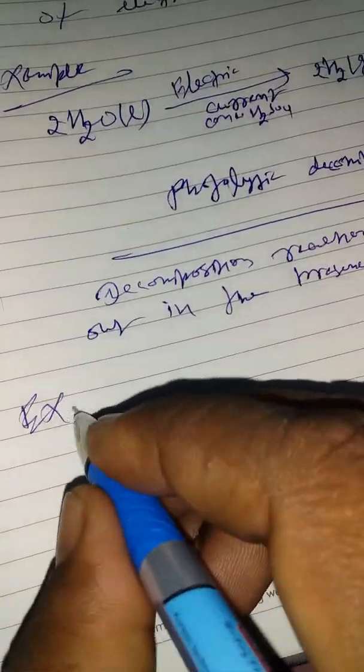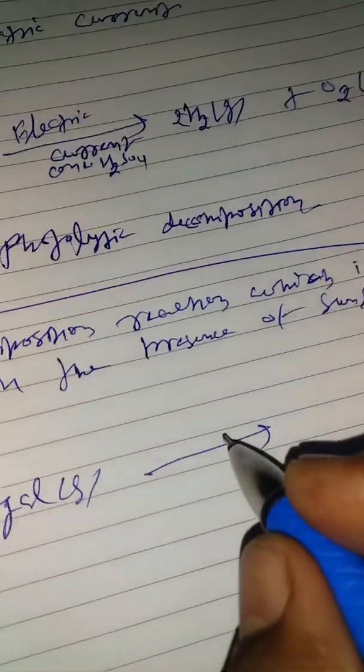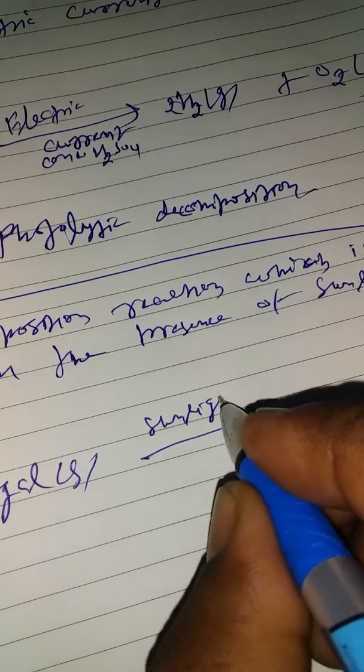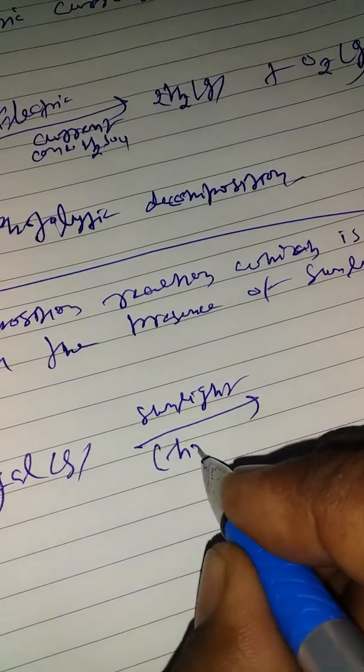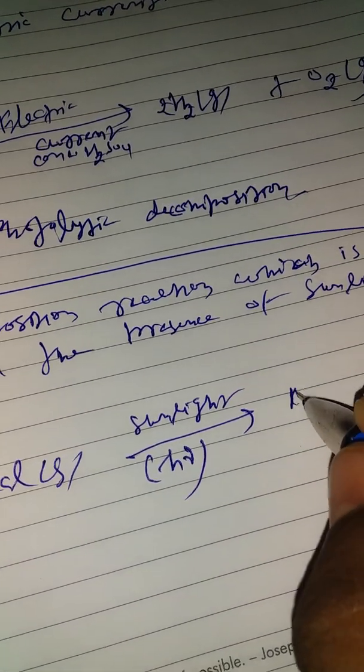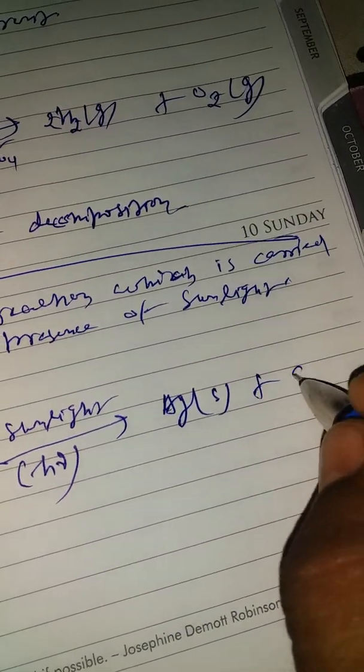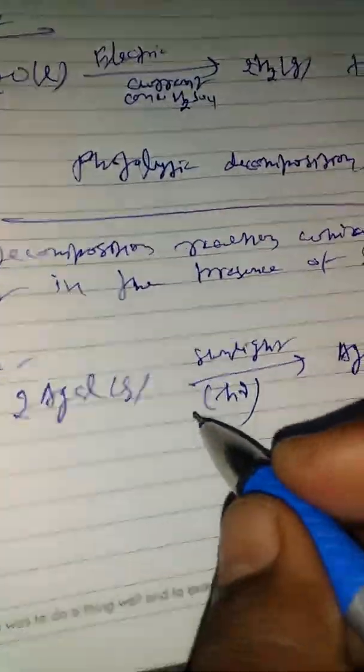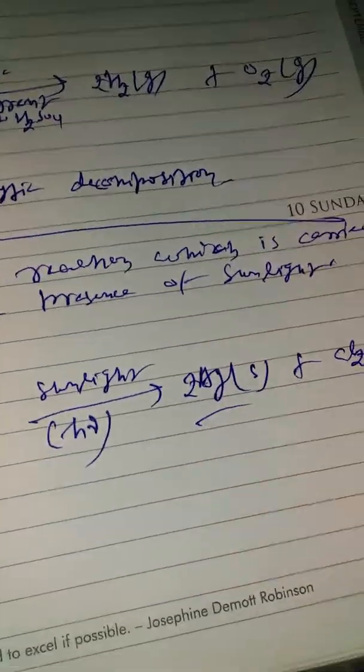As for example, when silver chloride in the form of solid is exposed to sunlight, for sunlight we use the abbreviation hν. It decomposes into silver solid and chlorine gas. For balancing we use a coefficient 2 in AgCl and 2 Ag.